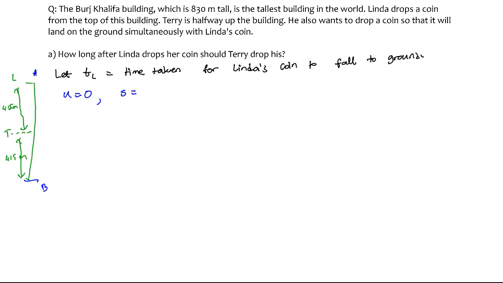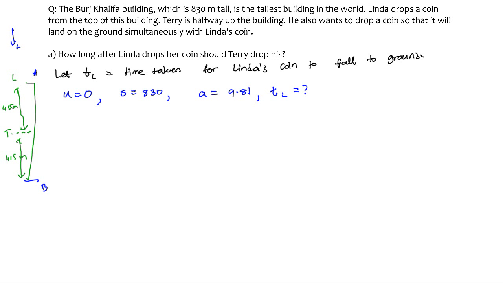So let me make downwards positive also, because here there is nothing in the upwards direction, so I can keep all the downwards as positive, so I won't have to worry about any negative numbers. So S here is positive 830 meters. And I know, of course, there's an acceleration towards the ground of 9.81. I'm going to take it as positive this time because I'm taking the downwards direction as positive. And then I'm interested in the time it takes for Linda's coin to fall. I don't know what it is. So which equation can we use here?